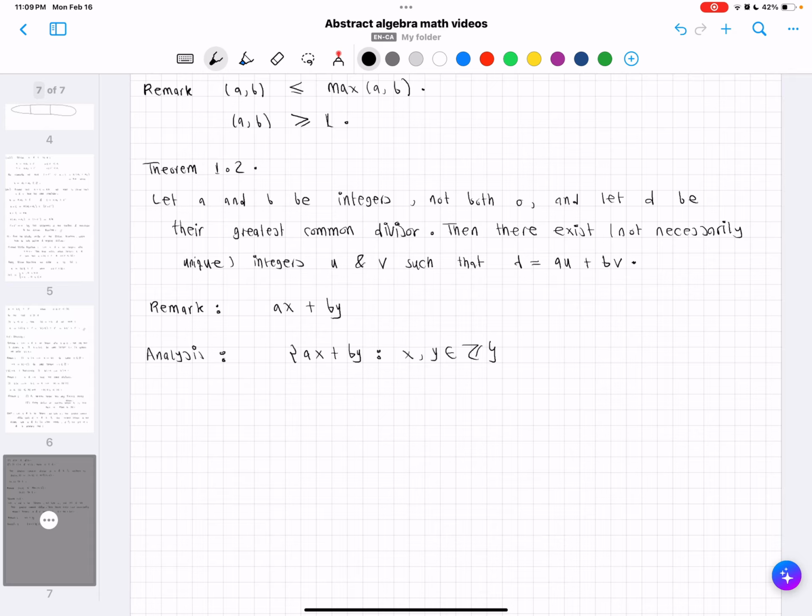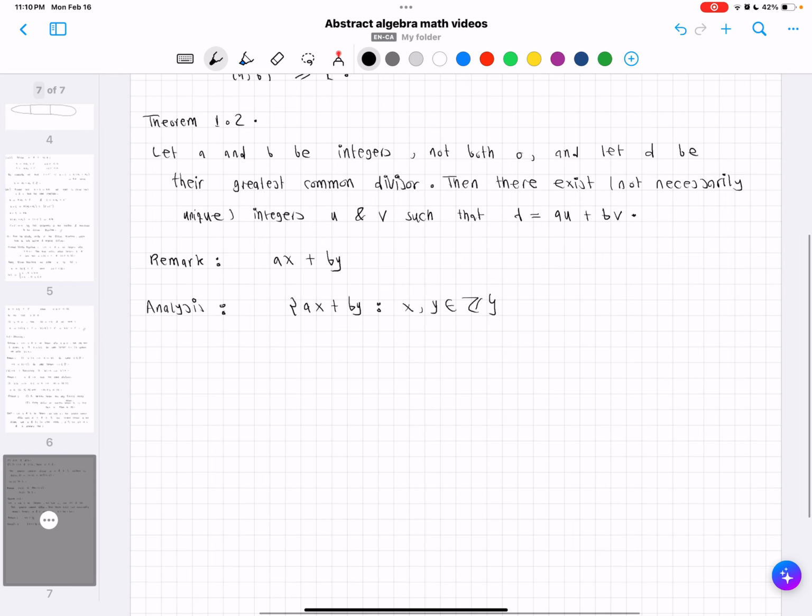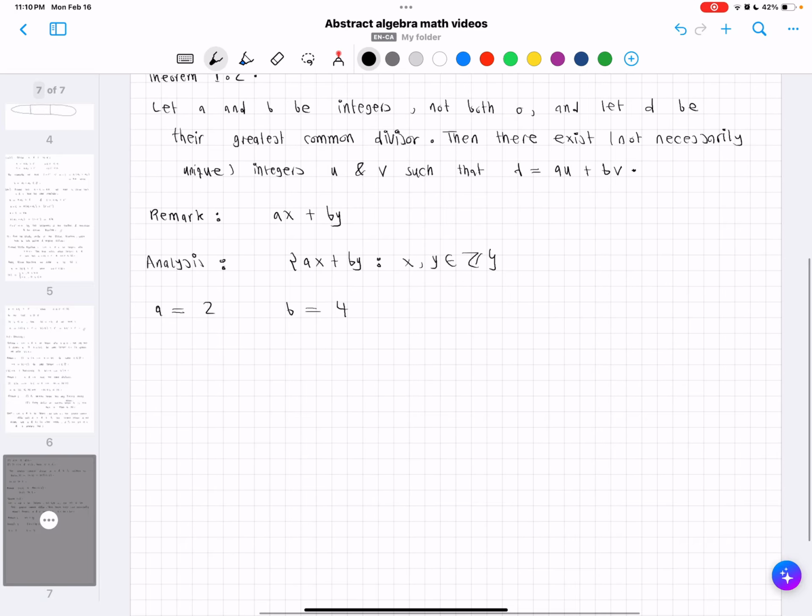So let's analyze it first with a is 2 and b is 4. In that case, the GCD is 2.